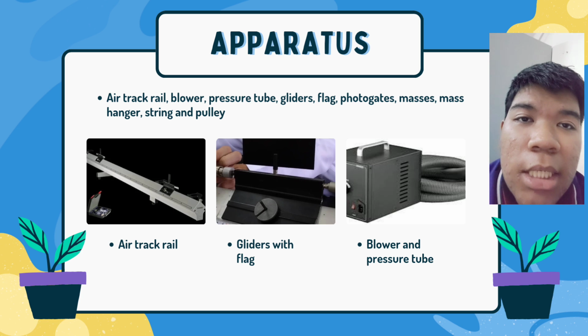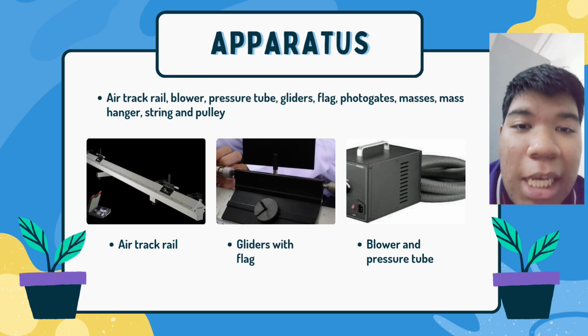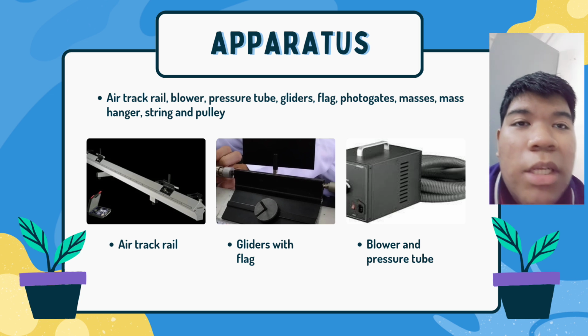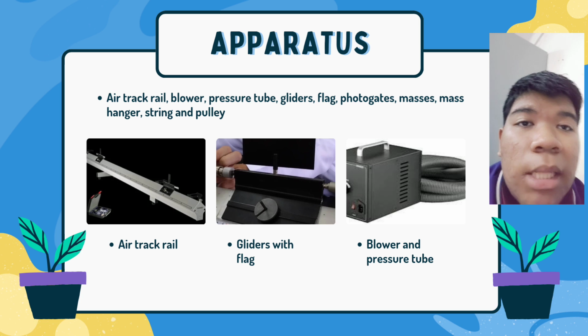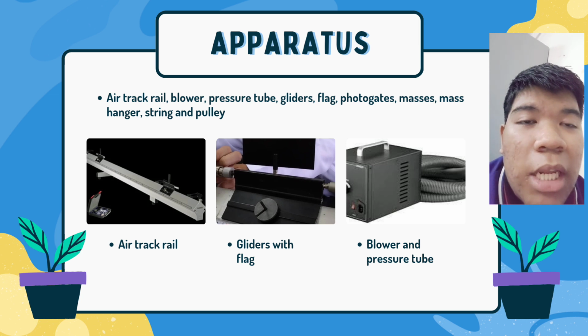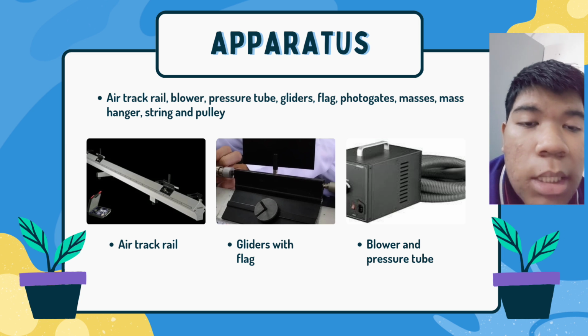Onto the apparatus that you need in this experiment: the air track rail. The air track rail has tiny holes in it so that it can blow out air, so that we can consider there is no friction in this experiment.